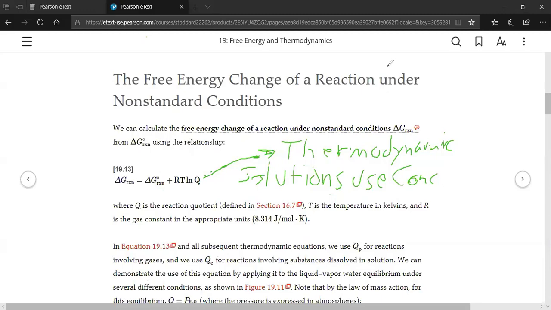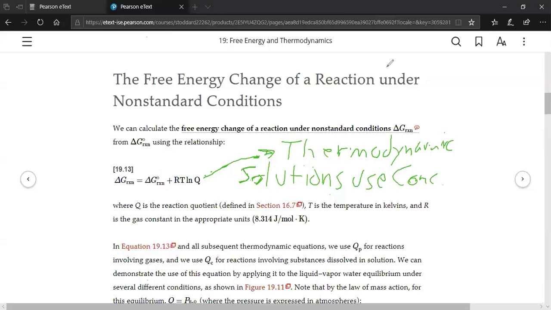But now, if we had a reaction that involved gases, in previous chapters, could we still use concentrations if we had a gas mixture instead of a liquid solution? Yeah, you could. Sure, we could put molarities for gases in there too.